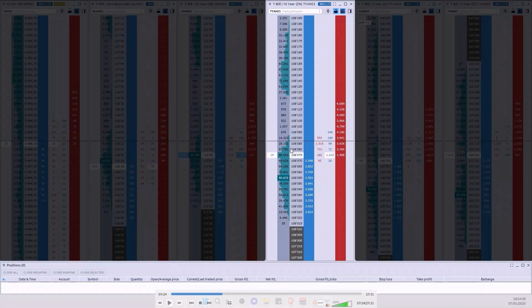They want to keep that price out of this area, and perhaps even attempt a second time to make that breakout.